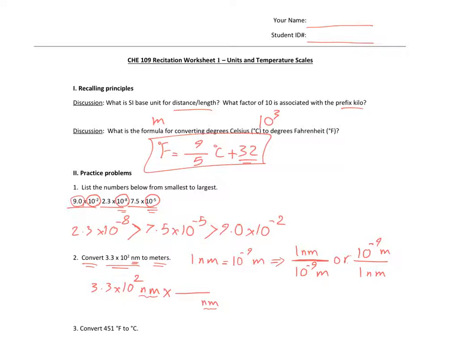So this is the one that we have to use, because 1 nanometer is 10 to negative 9 meter. So we can get rid of nanometer with nanometer, and we have 10 to 2 and 10 to negative 9. We can subtract them, and that makes it 10 to negative 7. So the answer is 3.3 times 10 to negative 7 meter.